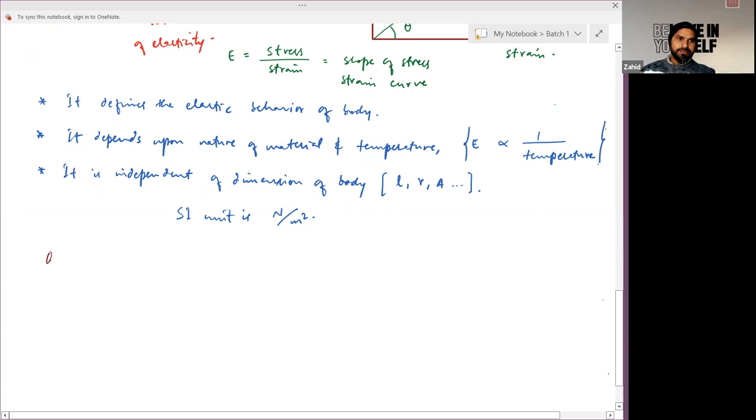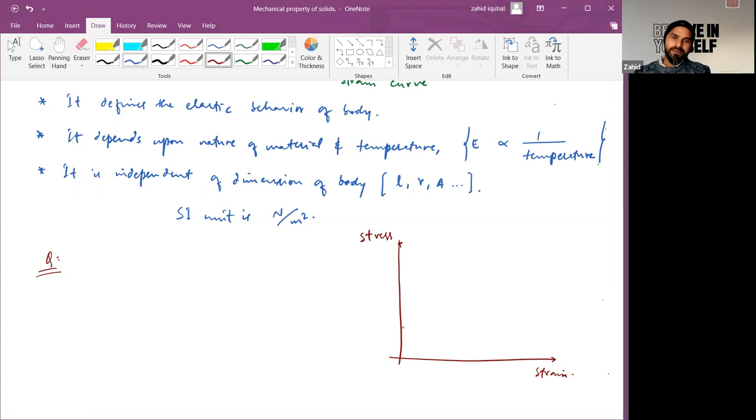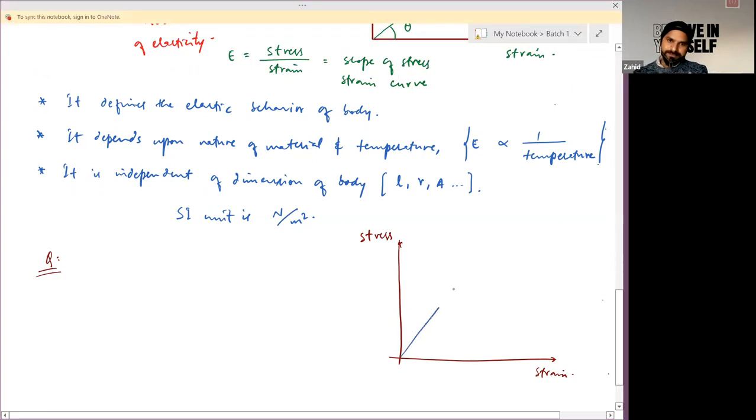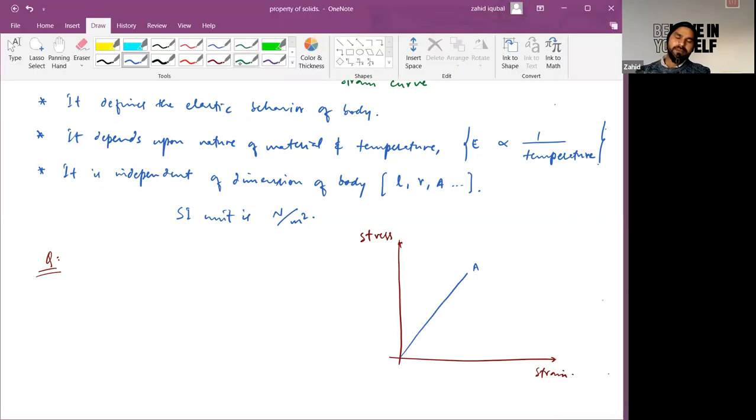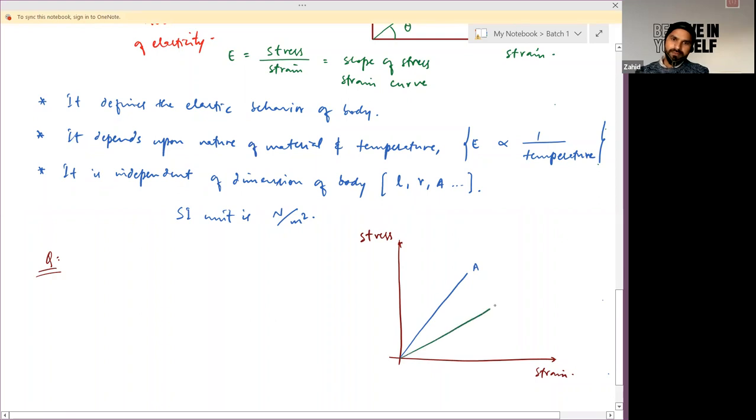Now let me ask you a question. If you have a graph for two different materials related to stress and strain, the first one has an inclination of 30 degrees, the second has an inclination of 60 degrees.